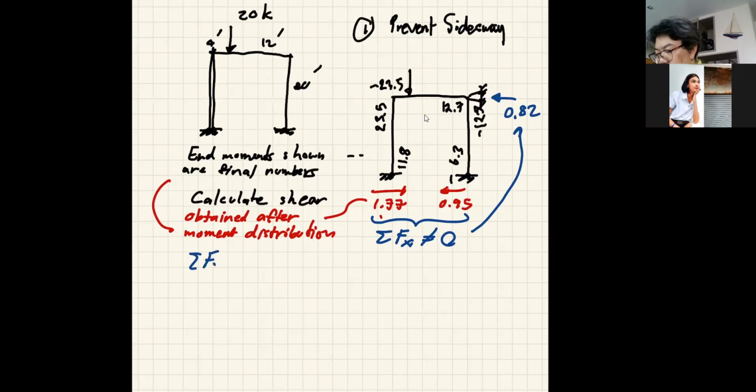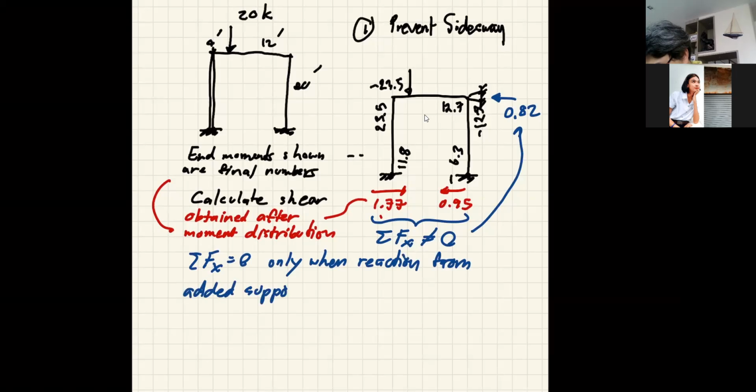Sigma Fx is equal to 0 only when the reaction from the restraint from the added support is taken into account.